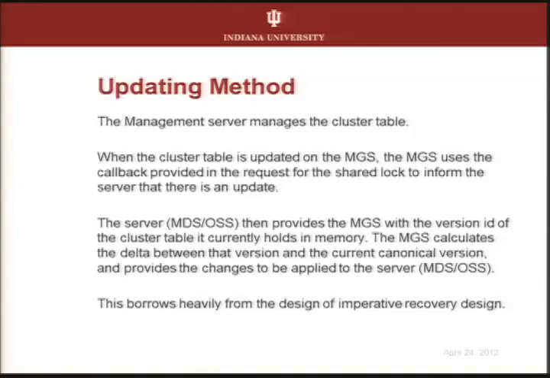The MDS and the OSS nodes present the version number of what they have in memory, and then the management node calculates the differences between the current map and the map that the server currently holds and only passes the delta. Like I said, this borrows heavily from imperative recovery.